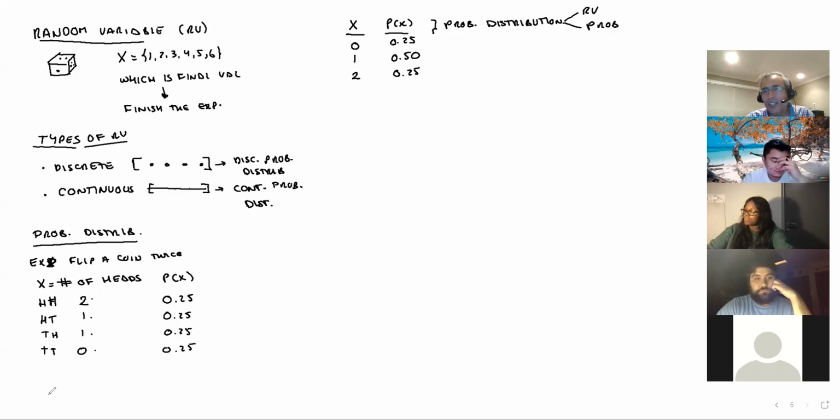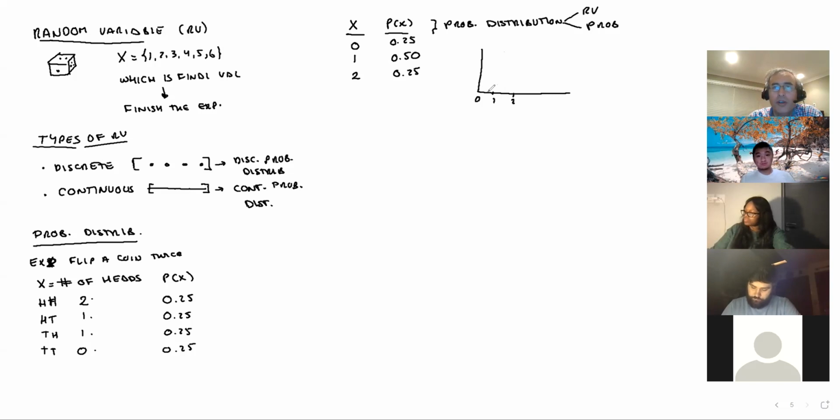You see? Remember, if I do my interval between 0 and 2, I have holes between 0 and 1. I have holes between 1 and 2. Okay, perfect. Now, of course, what I can do is graph this using a histogram. So if I want to do the histogram, I will write 0 around here. Well, 0, 1, or 2.